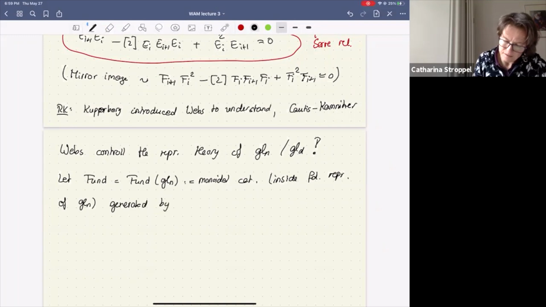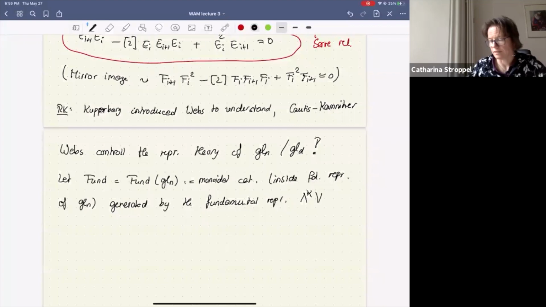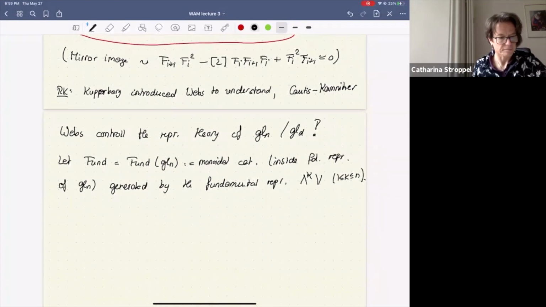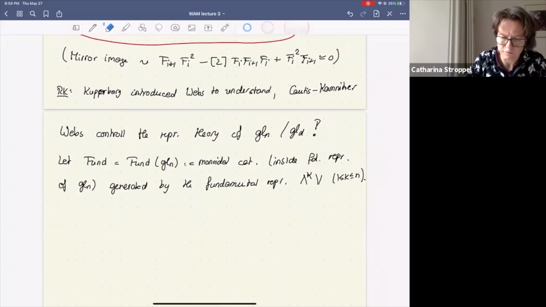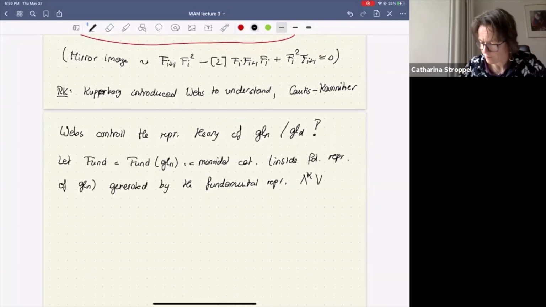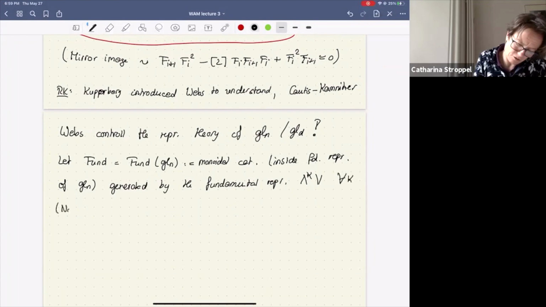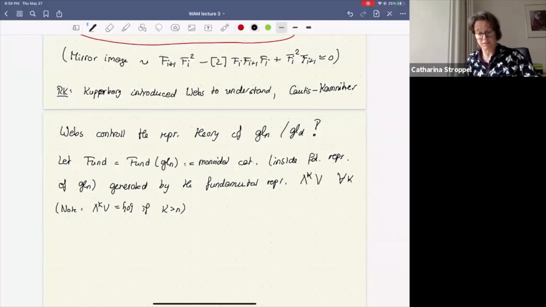And the fundamental representations are exactly the wedge K of V, for K between 1 and N. Actually, I want to take all of them for all K. Note wedge K of V is just 0 if K is bigger than N. It's a bit stupid to include these zeros, but it will be more convenient later.